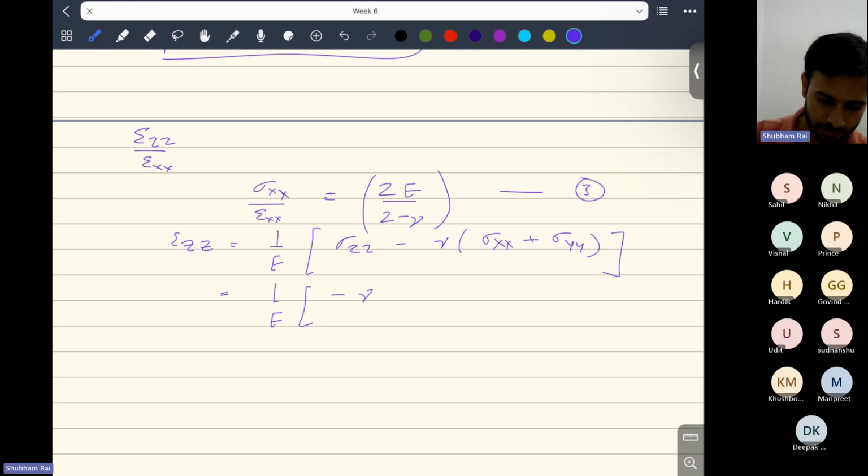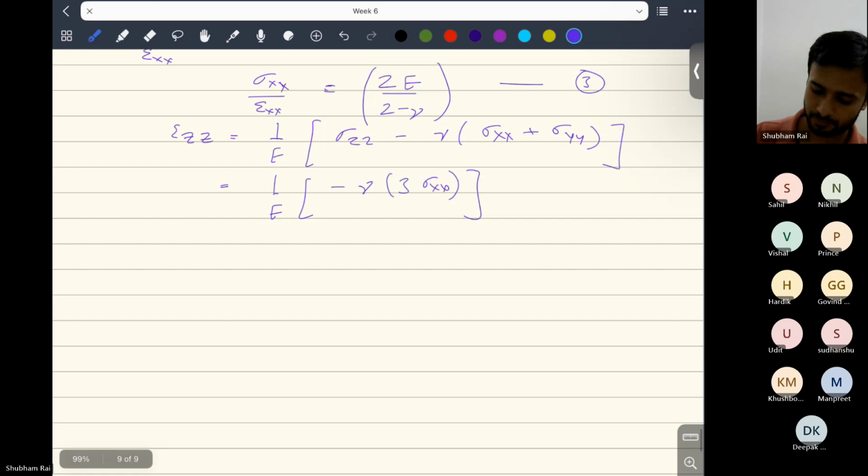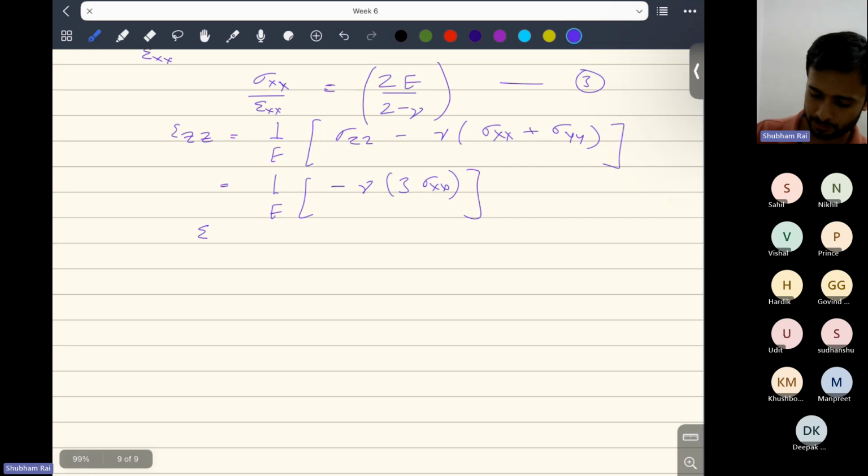And it's given to you that sigma xx is equal to twice of sigma yy. So this will be 3 times sigma xx. Right? So you are getting epsilon zz over sigma xx is equal to minus 3 mu over e, right?